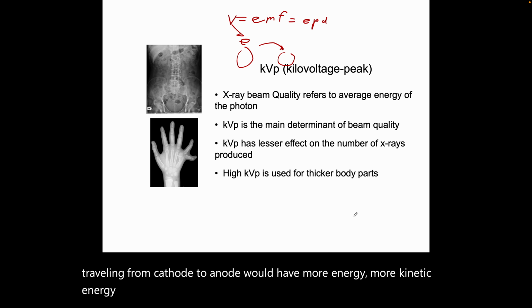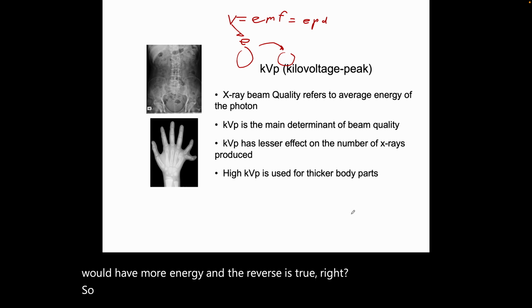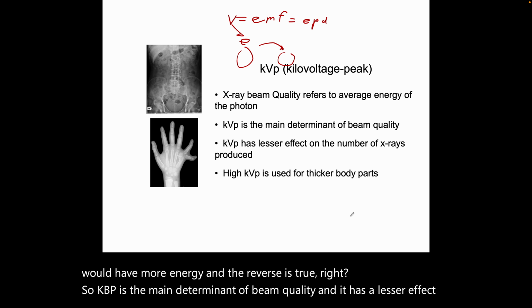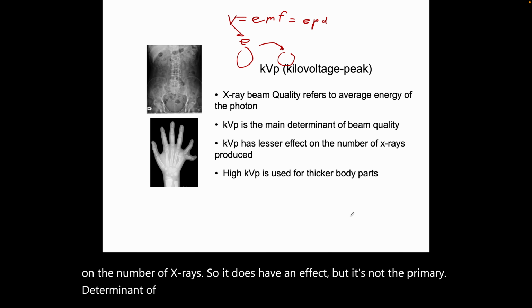Hence, the resultant X-ray photons created at the anode would have more energy. And the reverse is true, right? So KVP is the main determinant of beam quality, and it has a lesser effect on the number of X-rays. It does have an effect, but it's not the primary determinant of the number of X-rays produced.